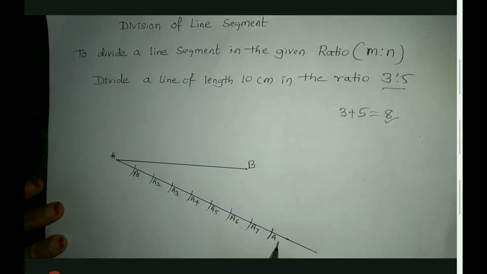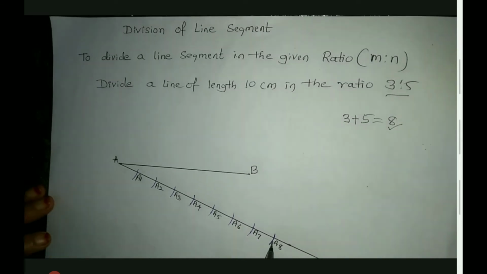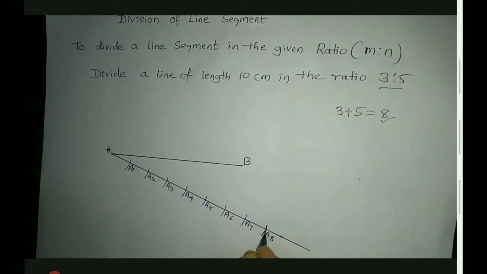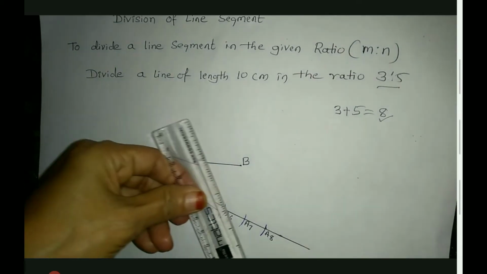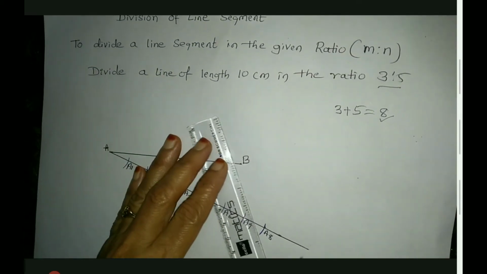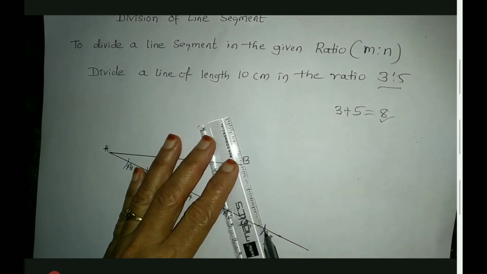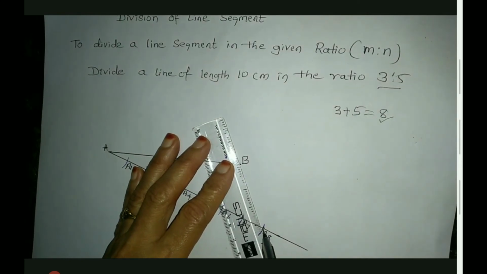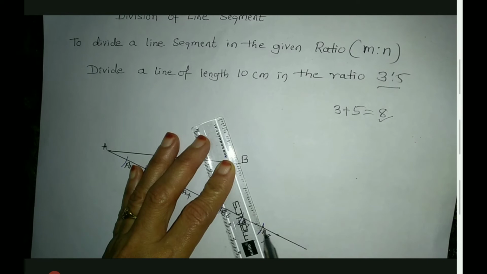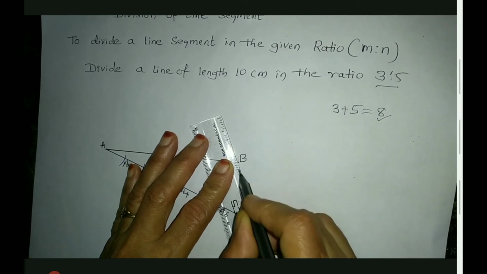A8 is the last part here. That is the end point of the second line. Join this to the end point of the first line. Join B and A8. B and A8 here.